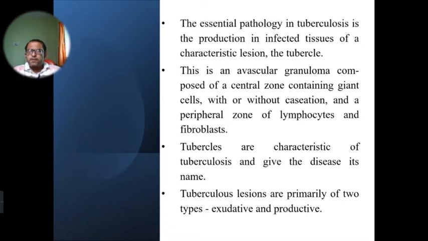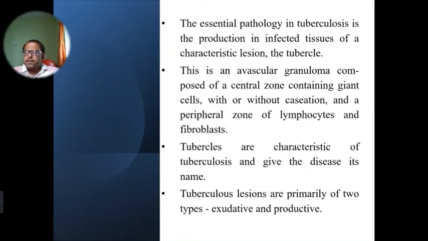The essential pathology in tuberculosis is the production of a characteristic lesion in infected tissues. Now, in the lungs of that infected person, a characteristic lesion is produced. These lesions are called tubercles.